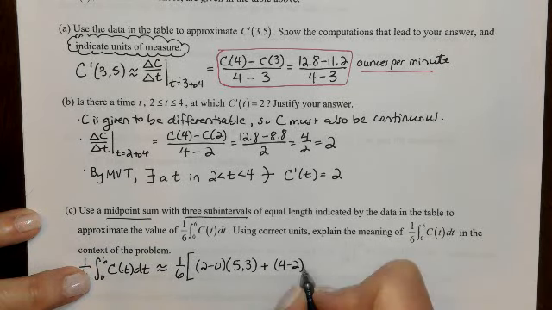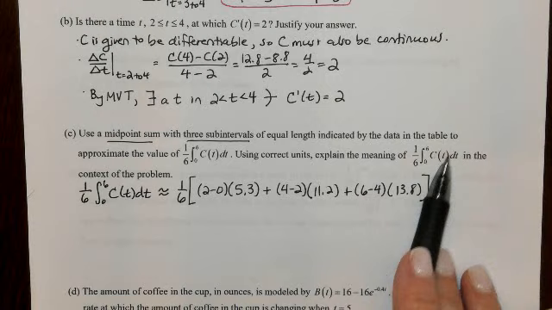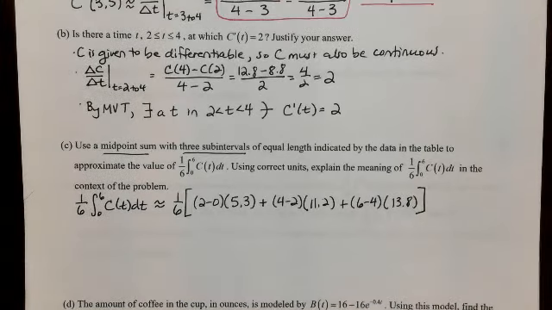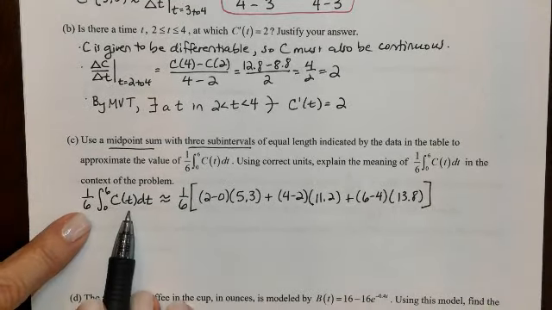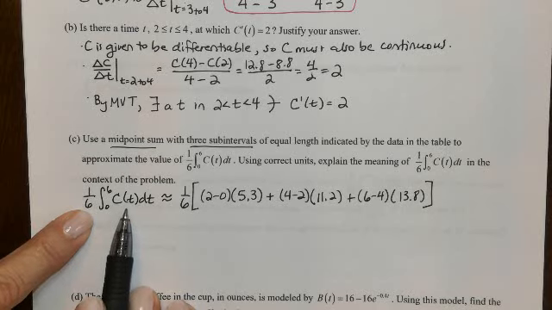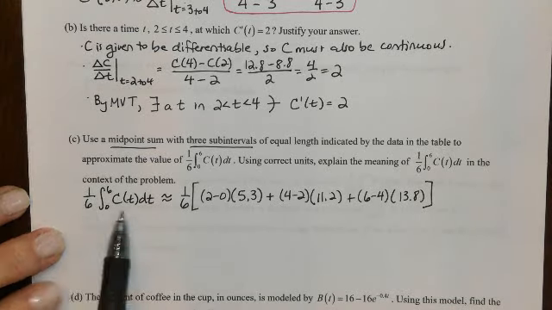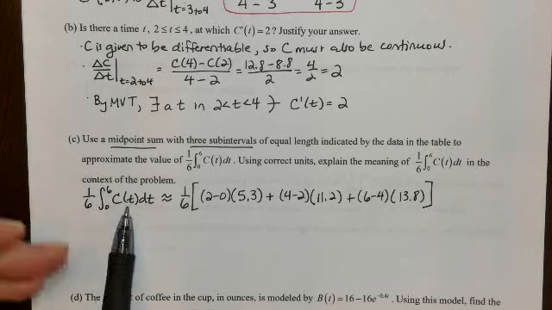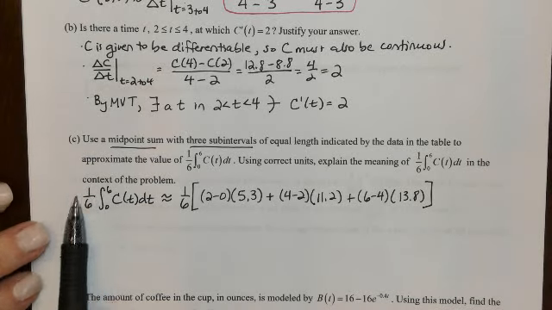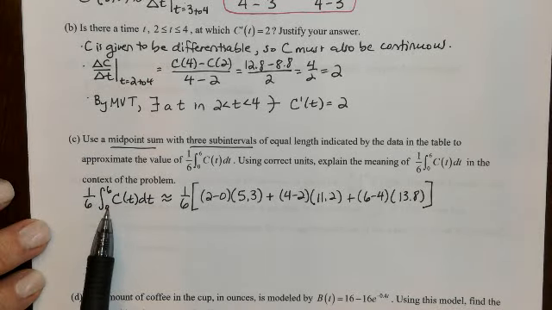We did not need to use units for that piece. But then it says, using correct units, explain the meaning of this integral in the context of the problem. So what does that integral represent? We need to know that this is the average value of C, because this is 1 over 6 minus 0 times the integral from 0 to 6 of C. So that's our average value function.